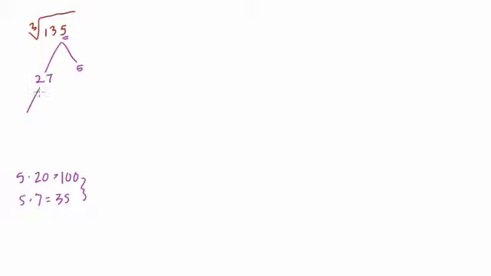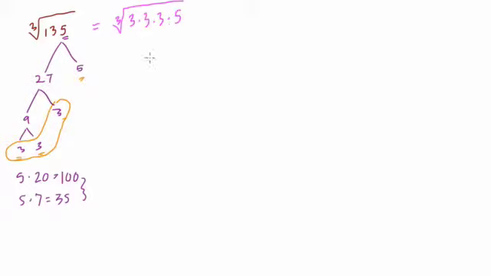27 is not prime. Break that down. 3 times 9 is 27, and 9 is 3 times 3. Now what we've just done, like before, is rewrite 135, so it's 3 times 3 times 3 times 5. That gives you 135. Here are your triplets right here. Right? That's your perfect cube right there. And we can rewrite this. Cubed root of 135 equals 3 times 3 times 3 times what's left over, 5.